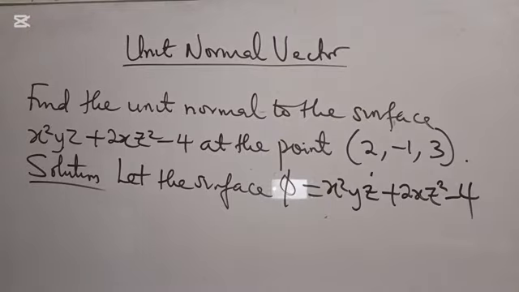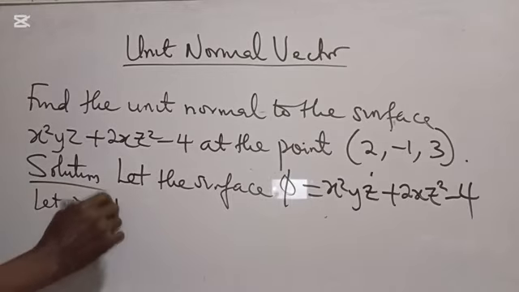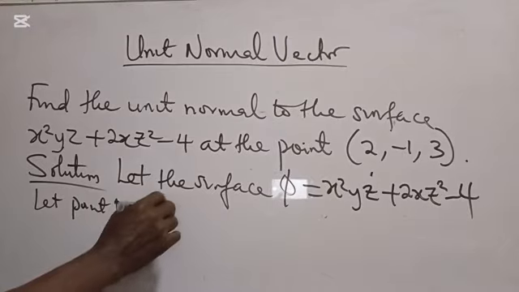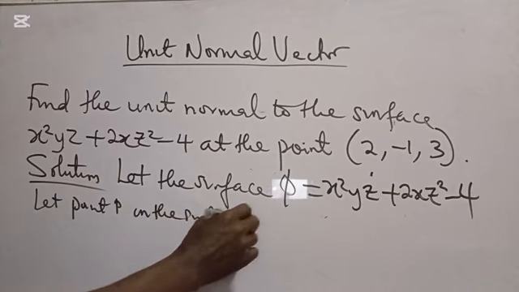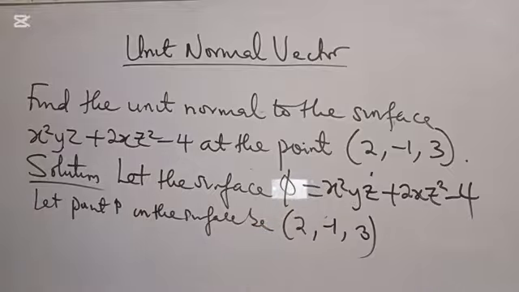So that's the surface. And let the point P on the surface be 2, minus 1, and 3. Now, how do you find the unit vector that is normal to the surface?